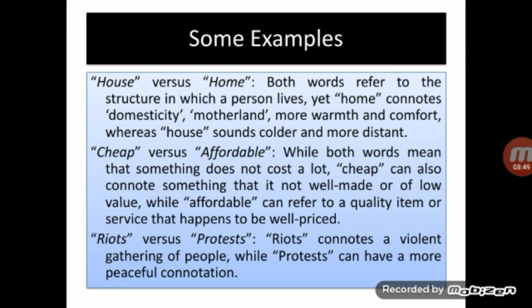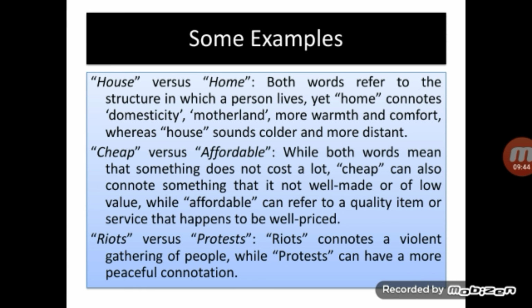House normally refers to a physical structure, and there is no sense of belonging, or there is a saying that home is where the heart is. So there is a connotation that is warmth. So depending upon the choice of words or diction, writers or readers try to find the implied meaning of the text, of the terms or of the phrases.